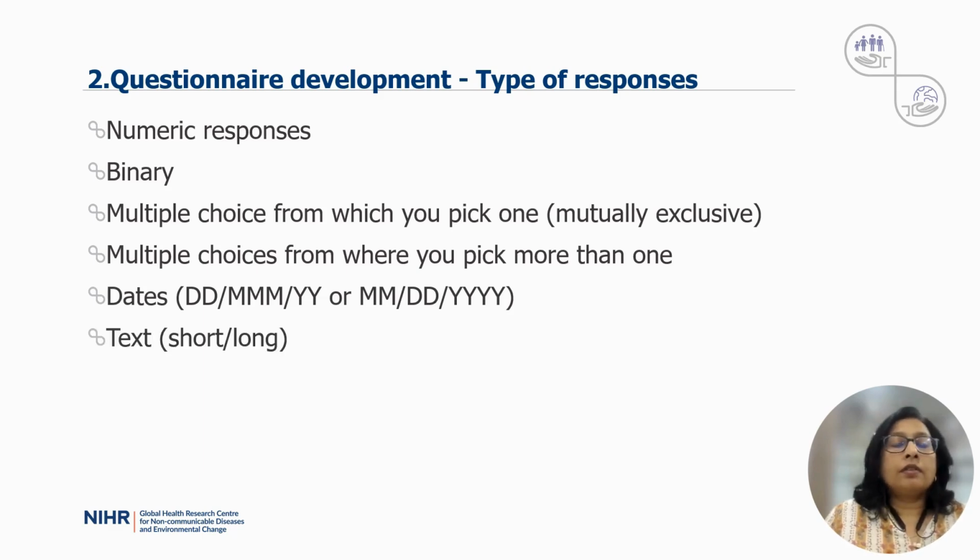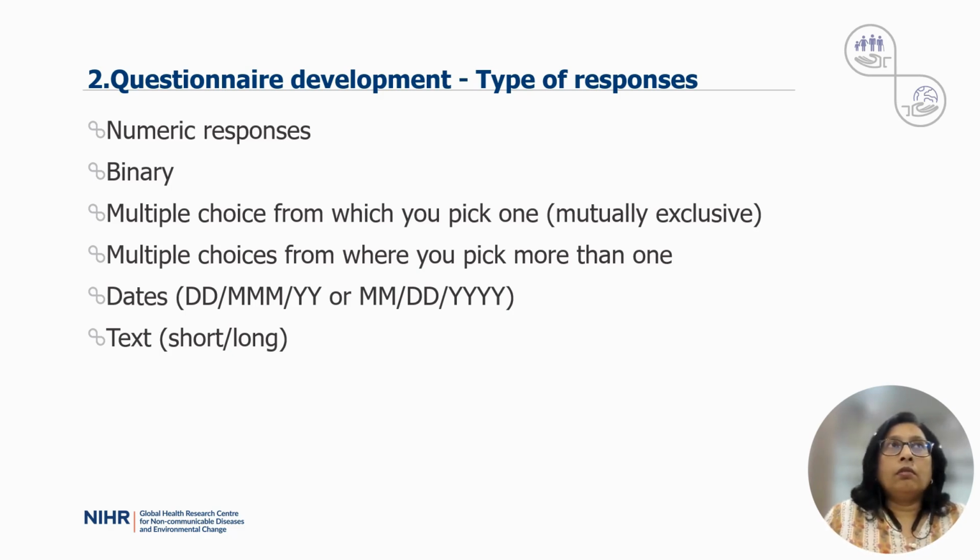It could be dates. It could be text, either a short text or a long text. An example for a short text is, what are the medications they are taking? Or what are the other symptoms you have? A long text is something like, what happened when you visited the hospital?